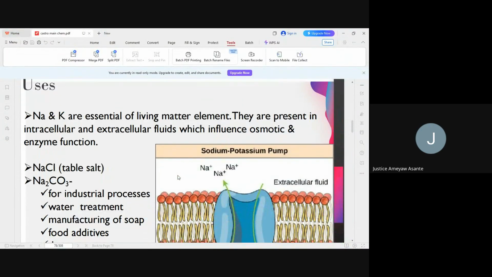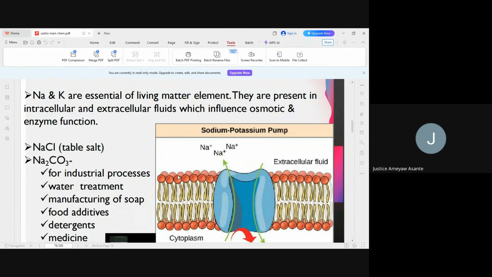What are the uses of sodium and potassium? Sodium and potassium are very essential for living matter. They are essential elements for living matter.